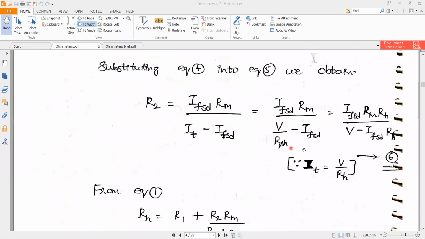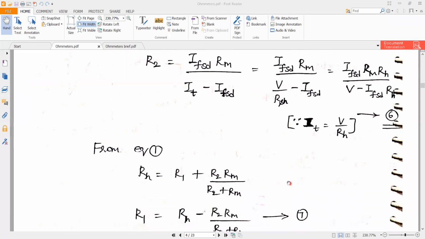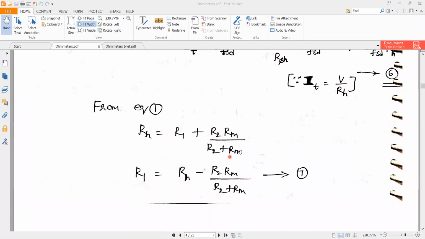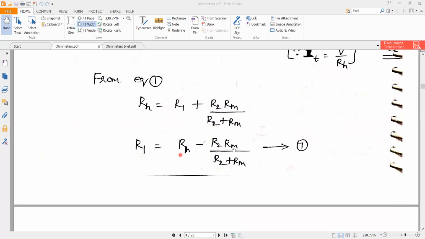That is, with IT equal to V by RH, it is equal to IFSD Rm RH by V minus IFSD RH. Let that be equation number 6. Thereafter from equation 1, RH is equal to R1 plus R2 Rm by R2 plus Rm. That is R1 is equal to RH minus R2 Rm by R2 plus Rm. Let it be equation number 7.